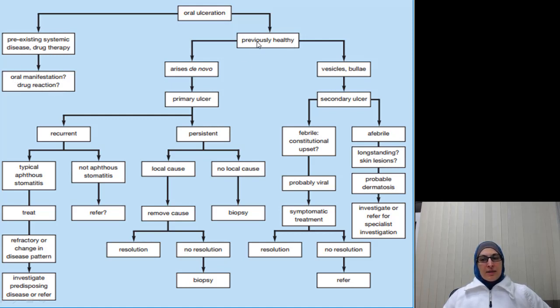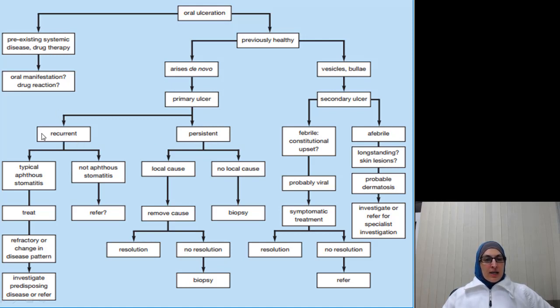If the patient is healthy, you need to check whether the ulcer starts as a vesicle or bulla, or if it arises as an ulcer. If it arises de novo, meaning it started as an ulcer, we need to check whether it is persistent or chronic, or recurrent.